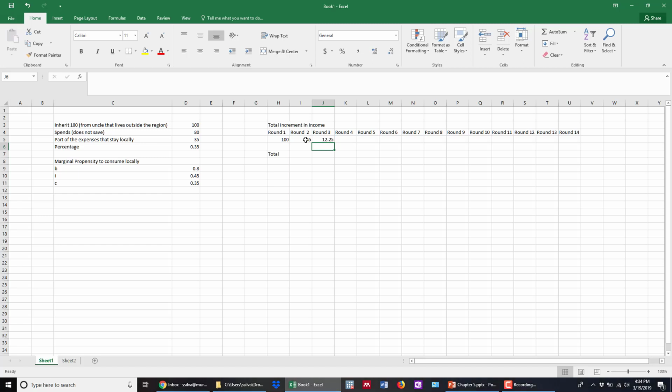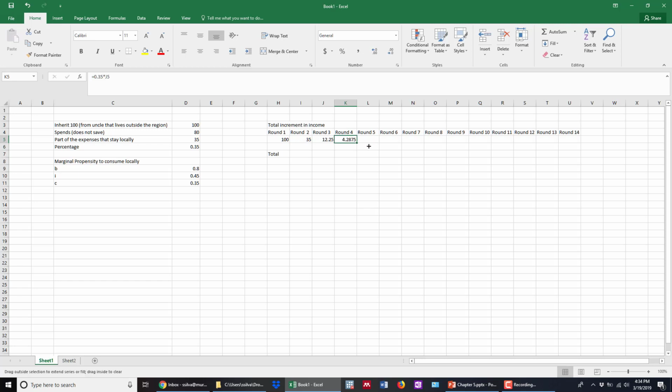Now the owner of the bakery has some extra income, and he or she will also spend part of it locally, assuming the same marginal propensity to spend locally. That would be 35% of 12.25, $4.29. Now you can see that the process continues over and over.